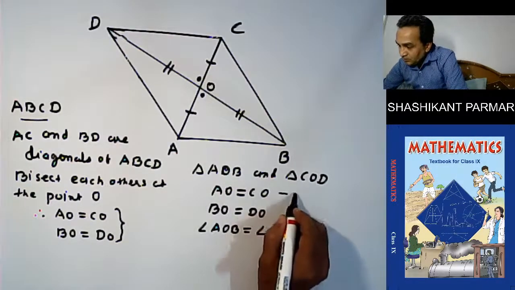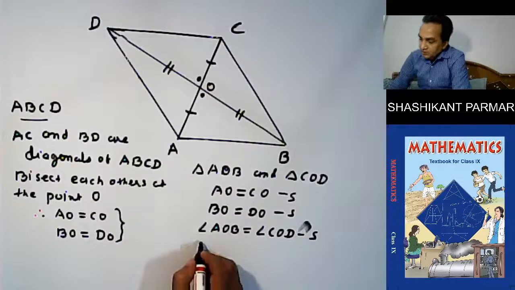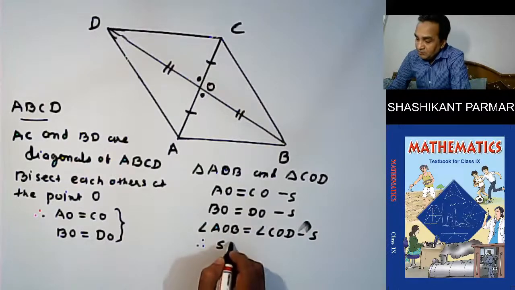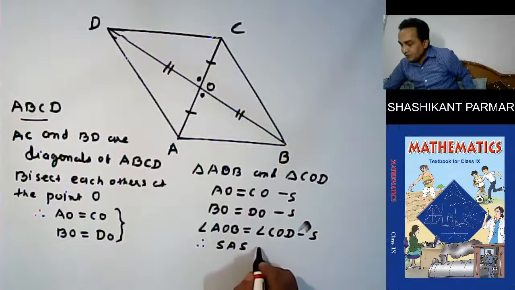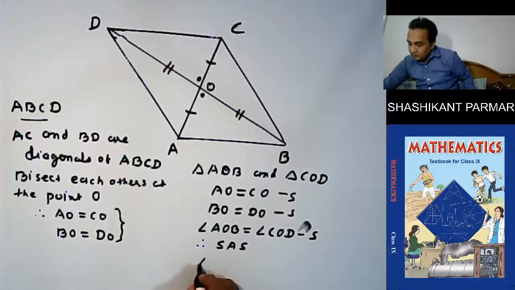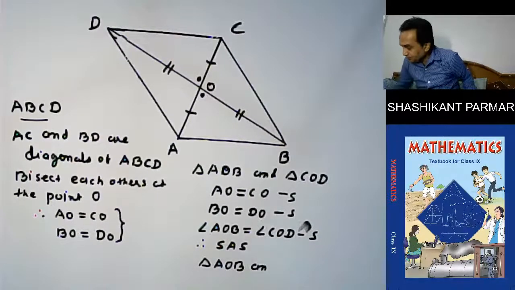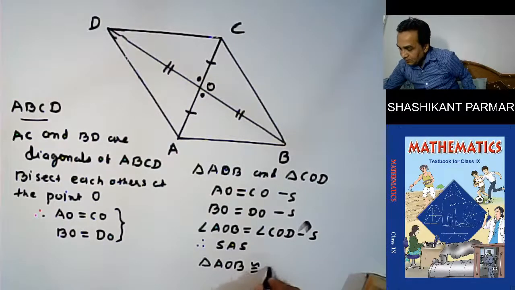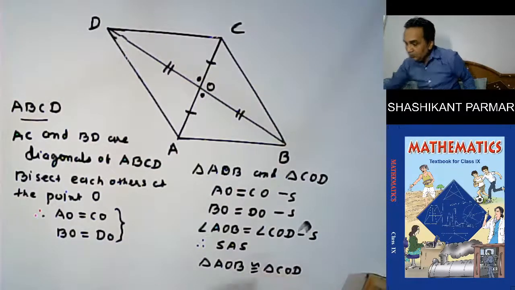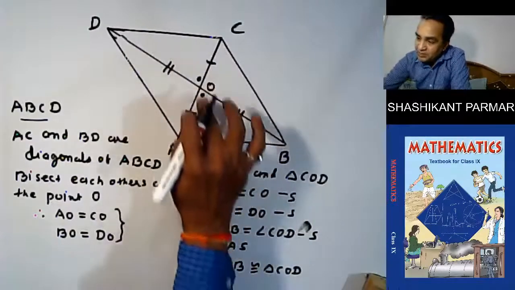So therefore, side, angle, side: an interior angle and two sides. Triangle AOB and triangle COD are congruent. So now these two triangles are congruent.